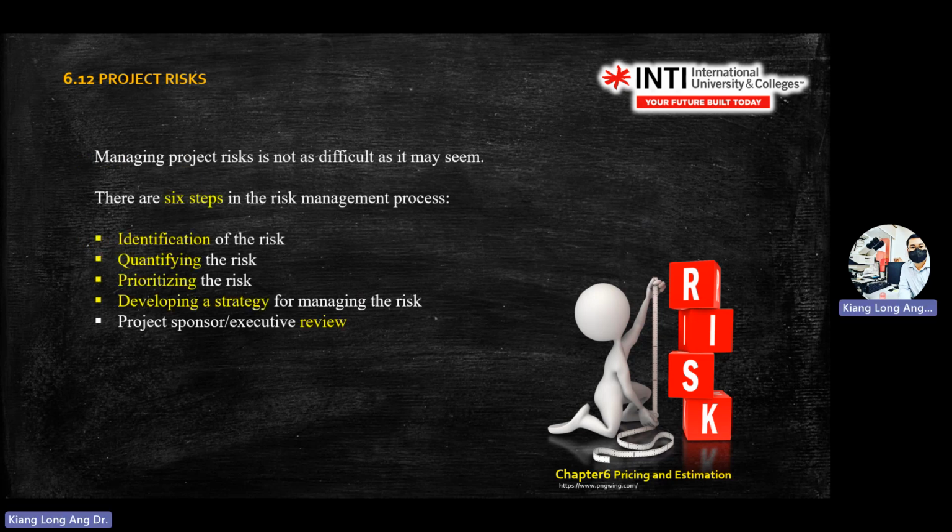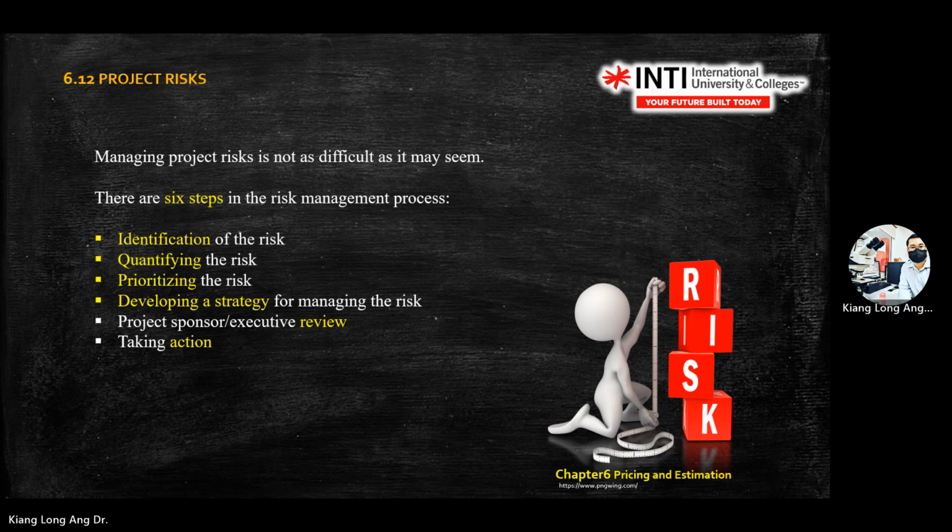So there are steps for the risk management process. You identify, you quantify, you prioritize, give priority, you develop strategies, and then you go for review. This is a general 6 steps. 1, 2, 3, 4, 5. Okay, one more. Then take action. 6 steps.